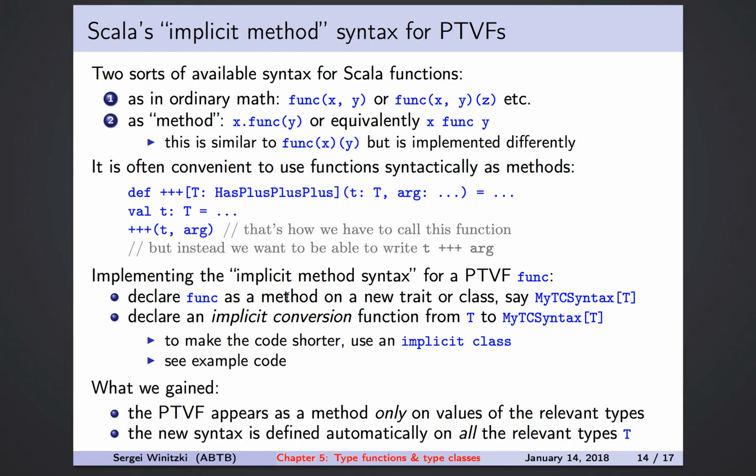Scala provides a way of implementing that syntax. And this is what I call the implicit method syntax, or extension syntax. So what is the implicit method syntax? Suppose you want to convert func, which is a partial type-to-value function, to this syntax.